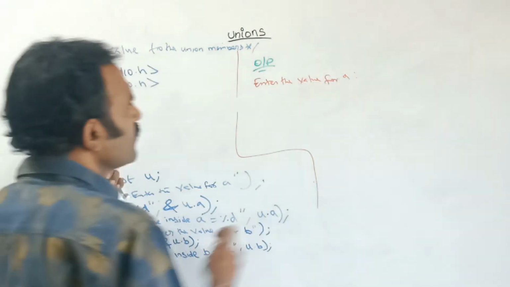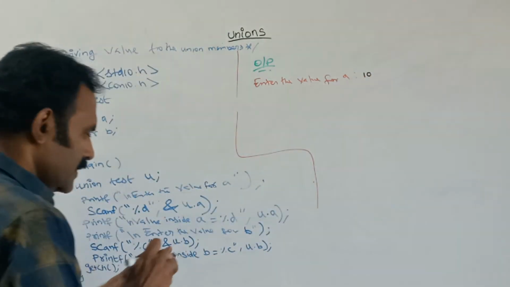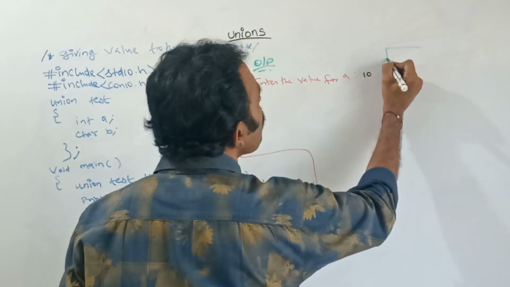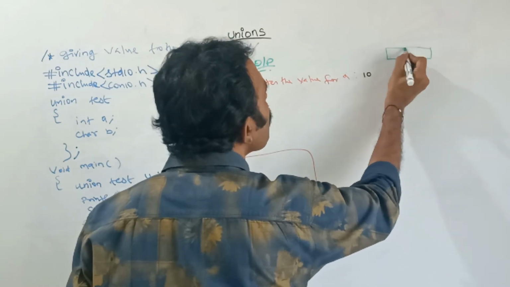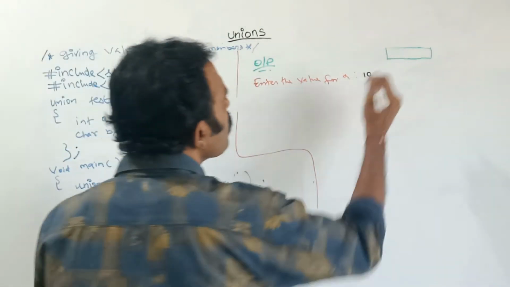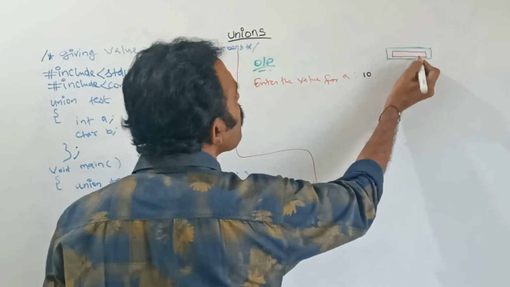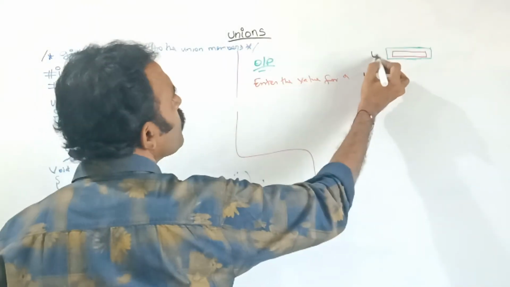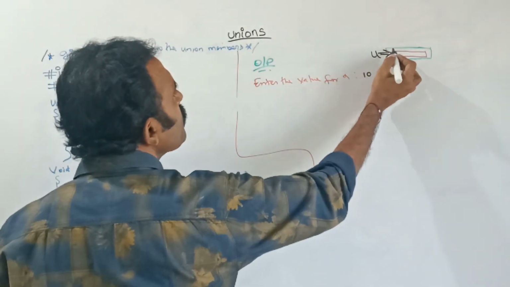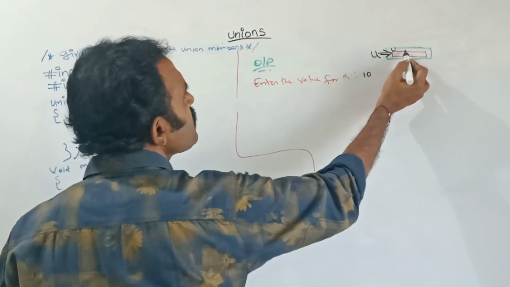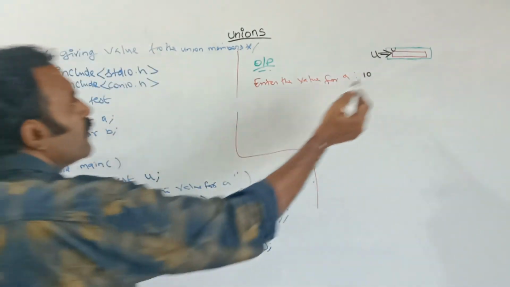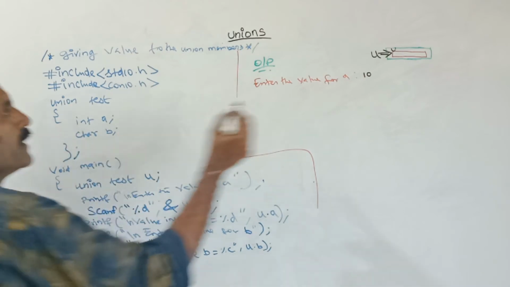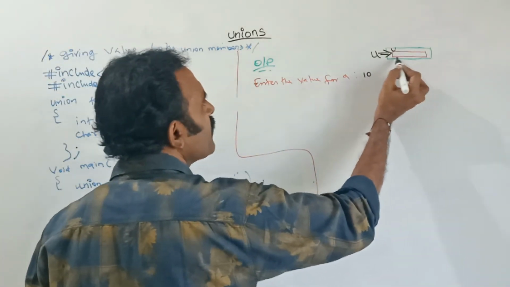Suppose you are giving 10, then in the memory, this is the union name U. For this U, it occupies a total of 4 bytes. The largest memory space is the integer data type, 4 bytes. So 4 bytes of memory will be allocated.